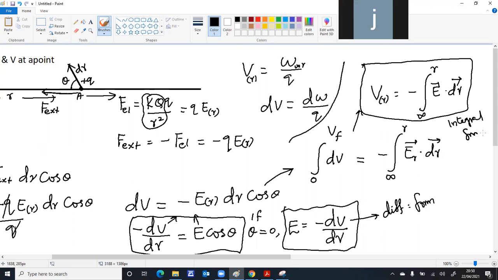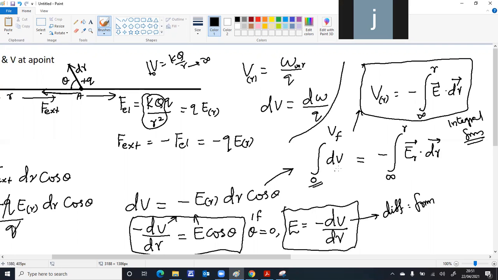So the final V(r) is potential difference. This is not potential difference. It's a difference only, but difference from 0. So it will be the potential only, at that point. What's the potential at infinity? Zero. Yeah. If you put V initial and V final, this will be r initial and r final, then it will be potential difference. Okay.